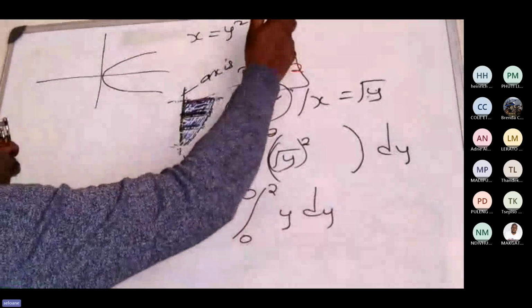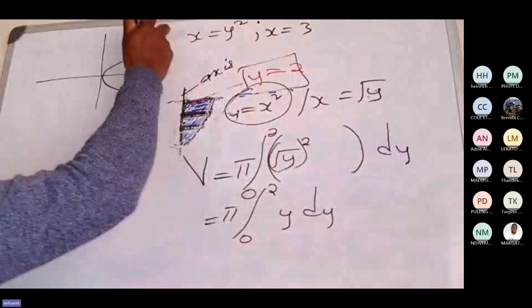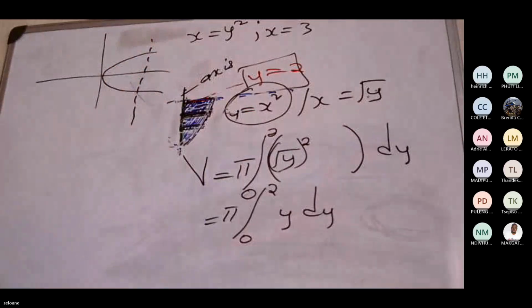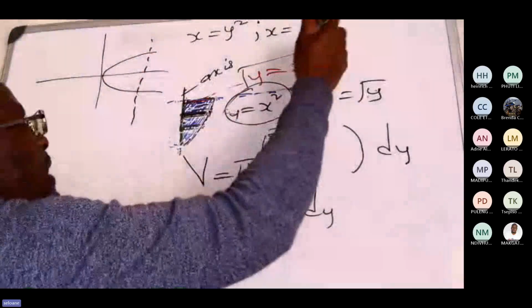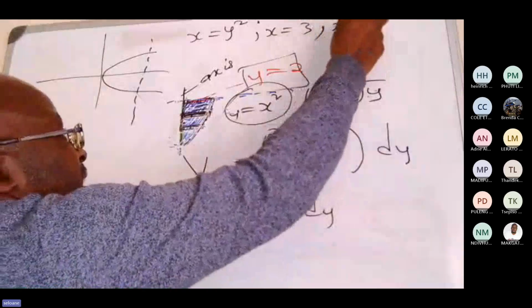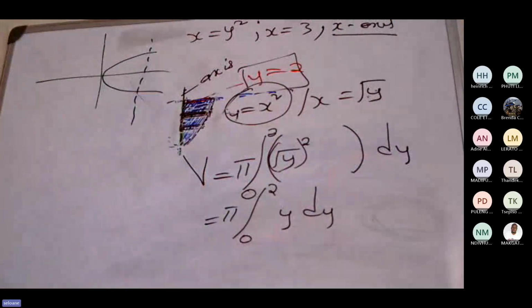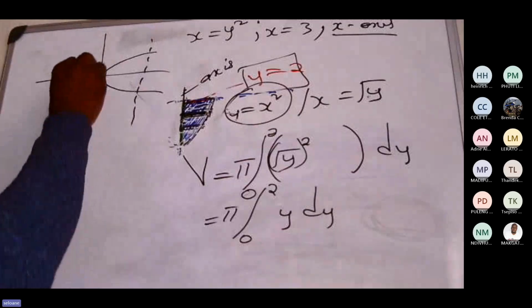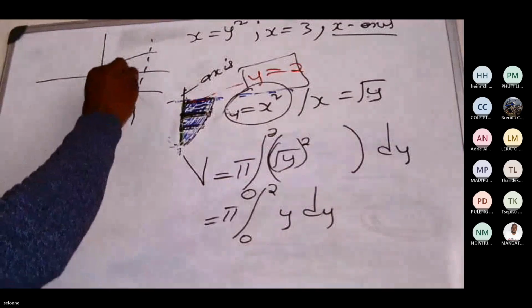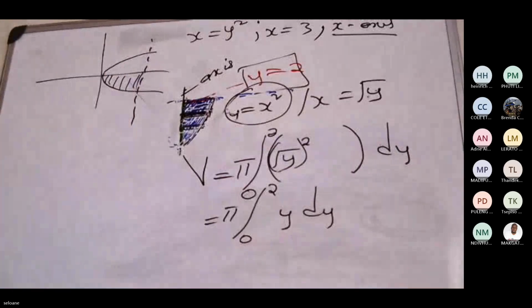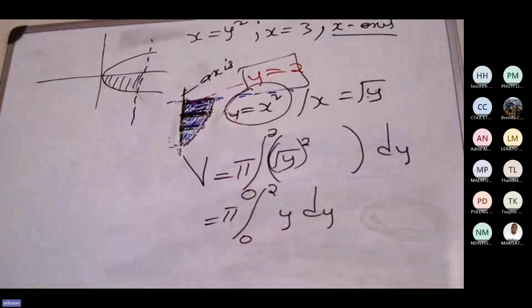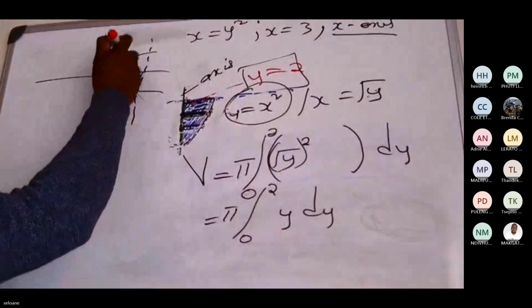By what? X equal to 3, meaning this. By what? By the x-axis, or simply the line y equal to 0. Then it means you are either talking about this region or you are talking about this region.